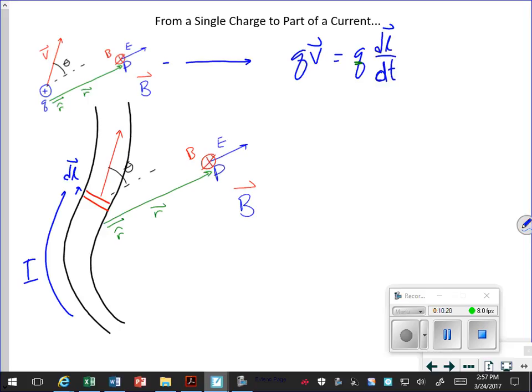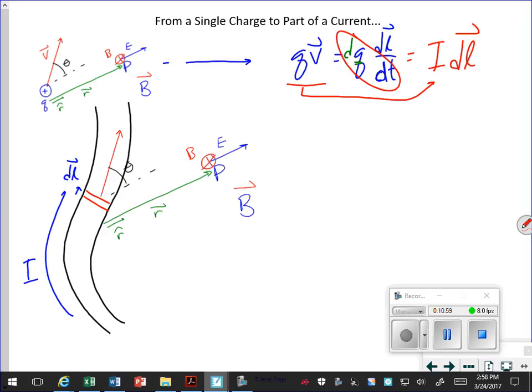That's a dq. And dq dt, the rate of motion of charge, is really I. So QV for a single charge moving at speed v turns into the term IDL.